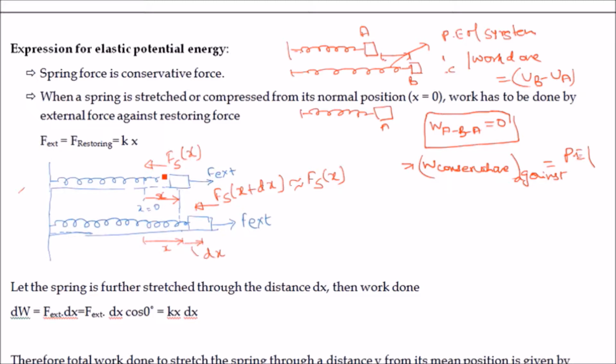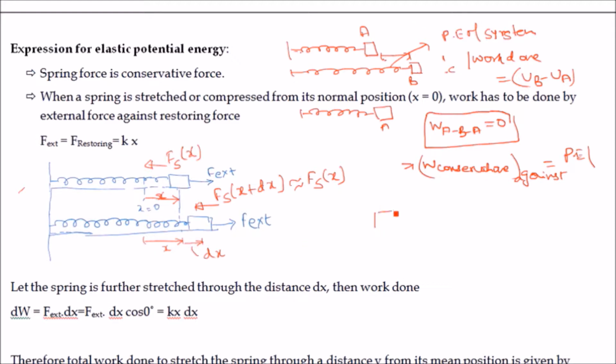To calculate the work done by this external force, we assume that the external force is applied in such a way that it moves the object with a very slow velocity, so there is no kinetic energy. We will consider only potential energy in this whole process.